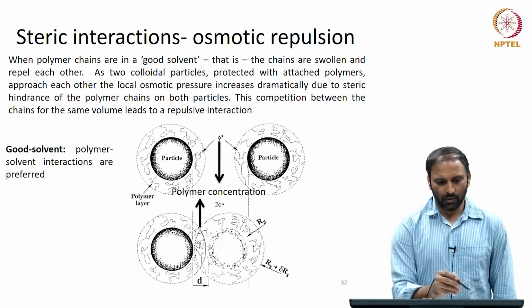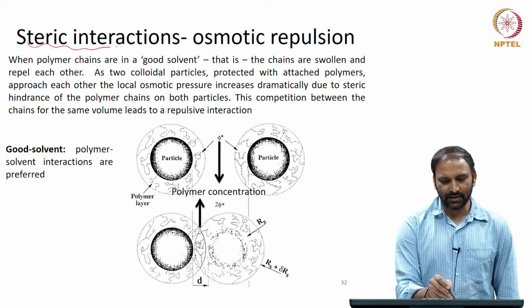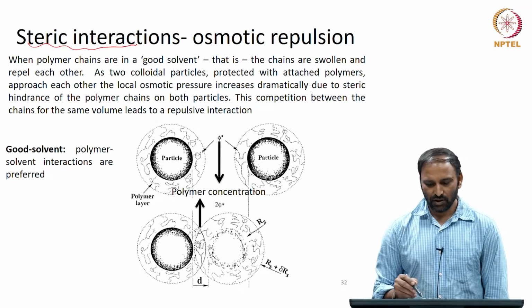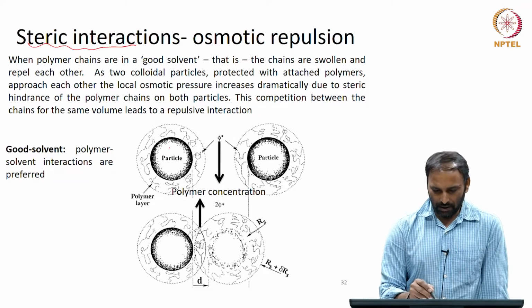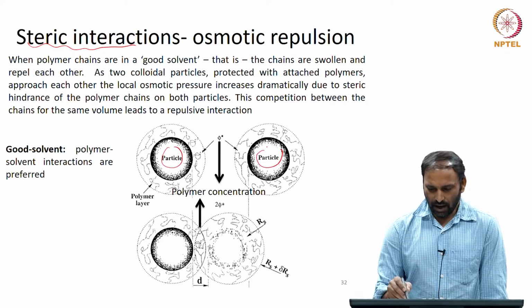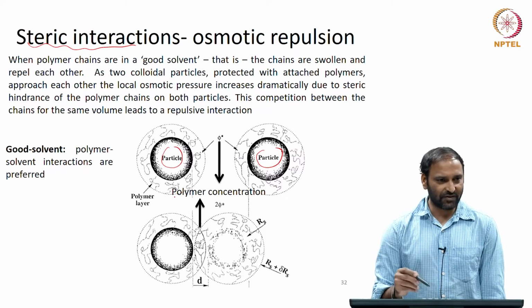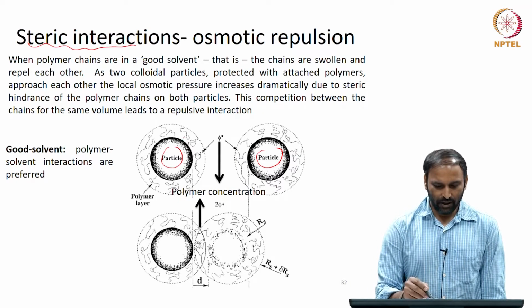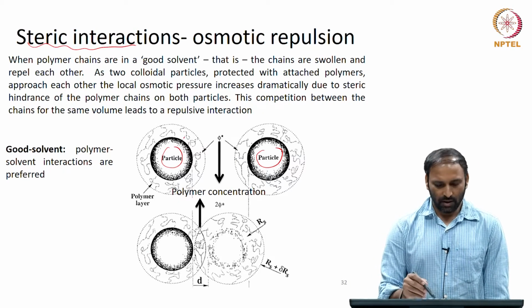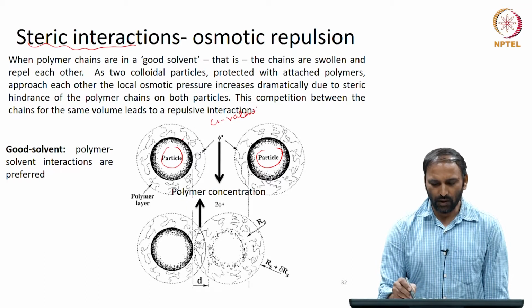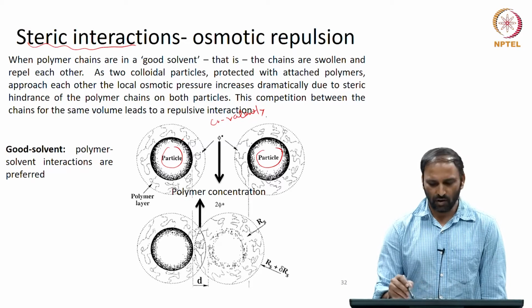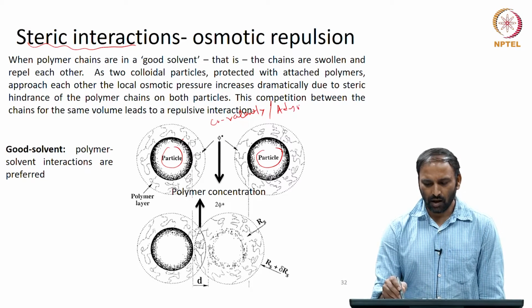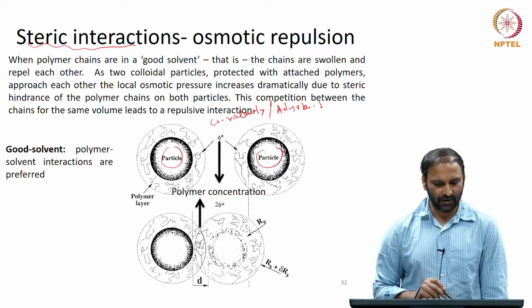So when we talked about steric interactions, that is, if you have cases where you have particles, and on the surface of the particle you have some long chain molecules that are either covalently bonded to the surface, or they could be adsorbed onto the surface.